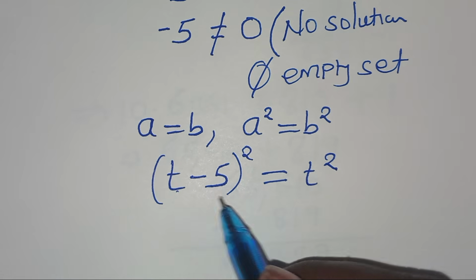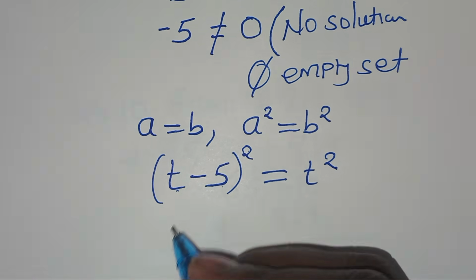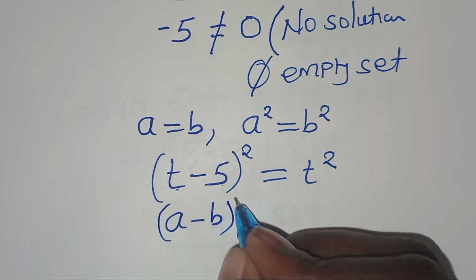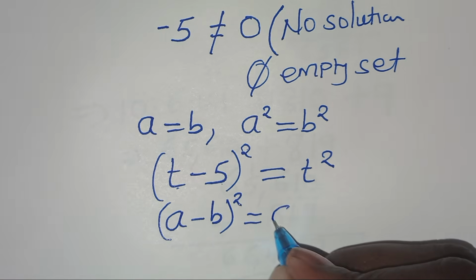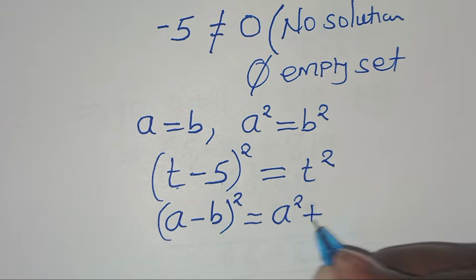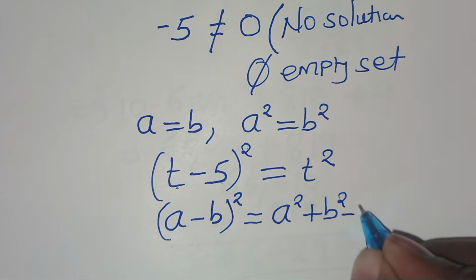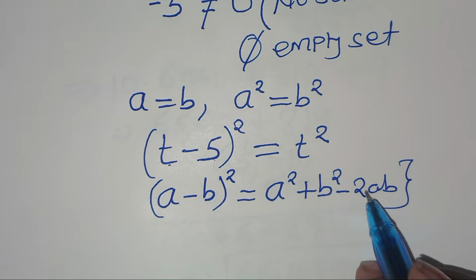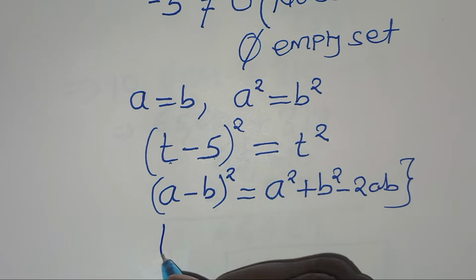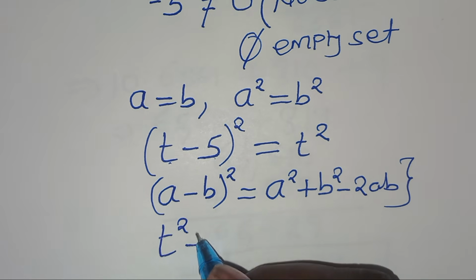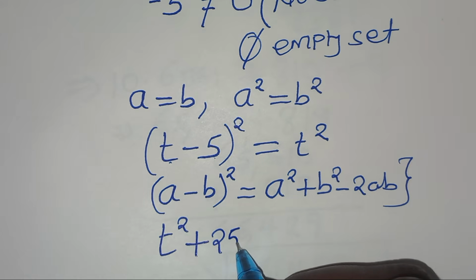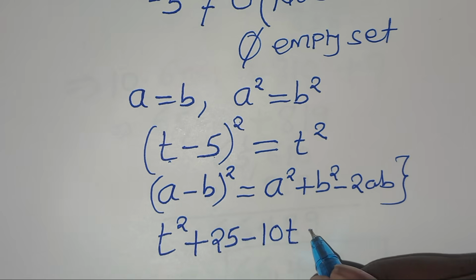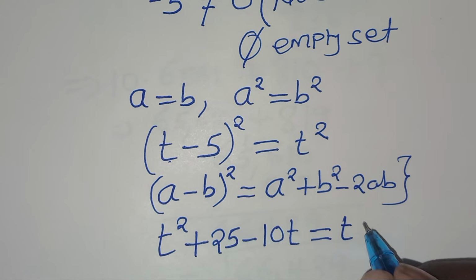Now we have that t minus 5 to the power of 2 is in the form of a subtract b raised to the power of 2, which you can express as a to the power of 2 plus b to the power of 2 subtract 2ab. Applying this algebraic identity, we have t to the power of 2 plus 25 subtract 10t. This is equal to t to the power of 2.